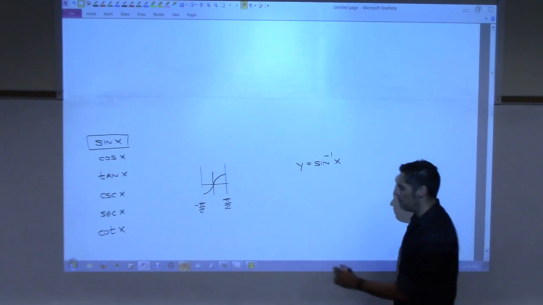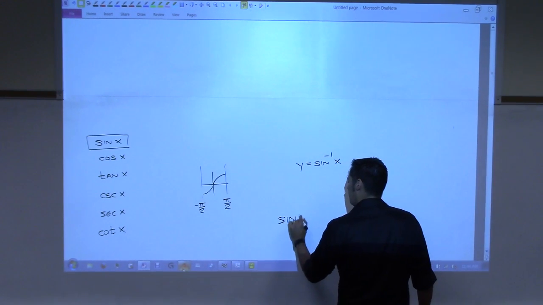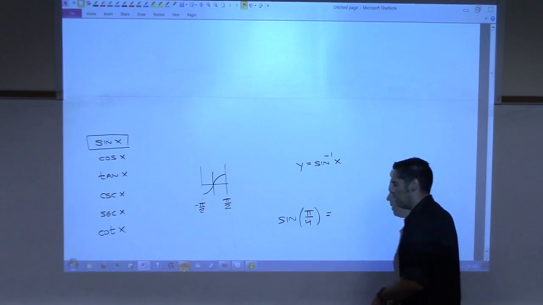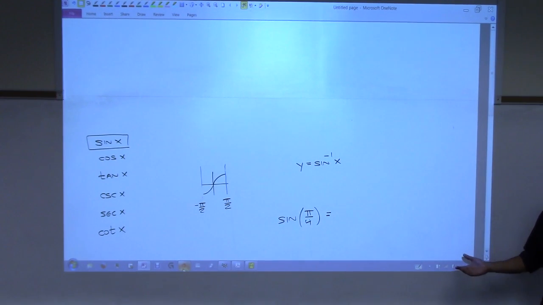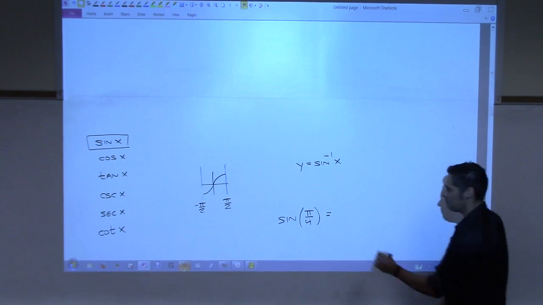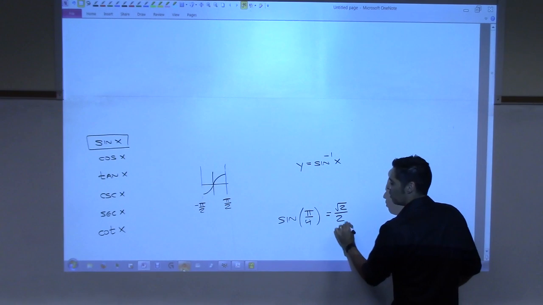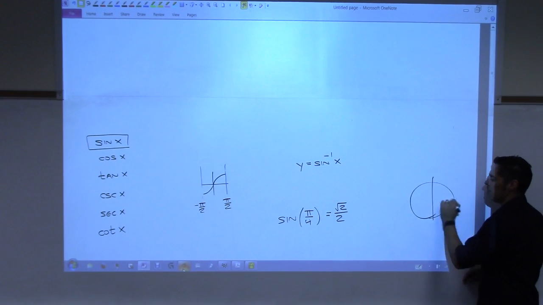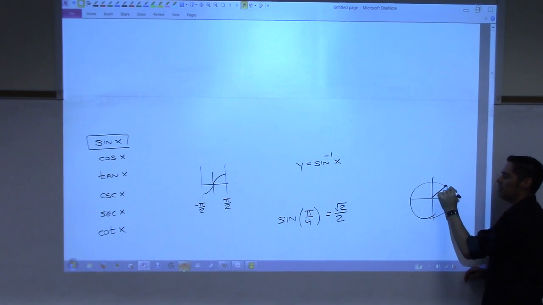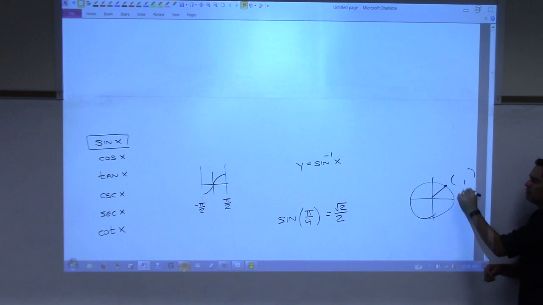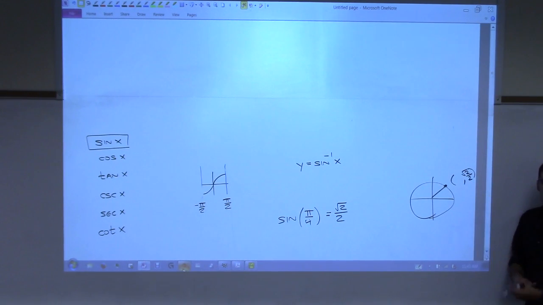So let me give you an example. If I ask you right now, what is sine of π/4, you of course would tell me √2/2. So you're looking at your unit circle, you're going to π/4, which is 45 degrees, and you're picking off which point? Sine is the y value. You're looking at that y value and you're saying √2/2.